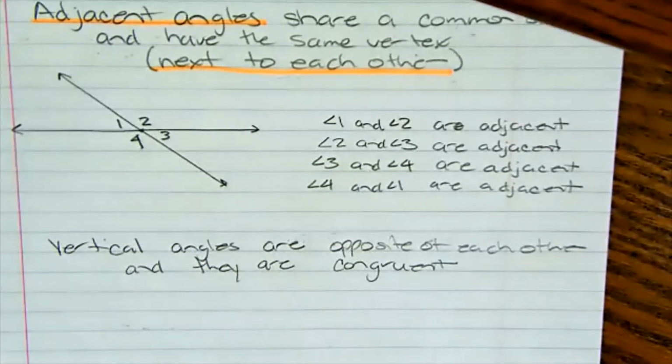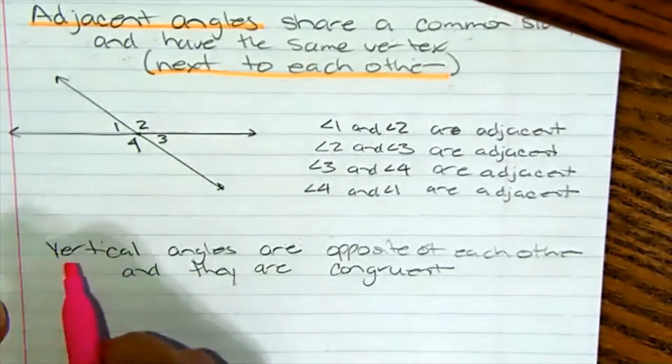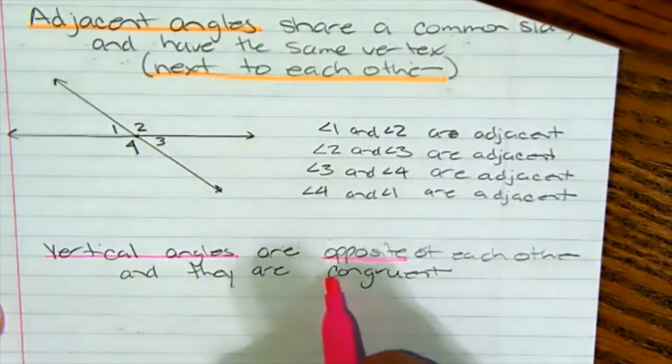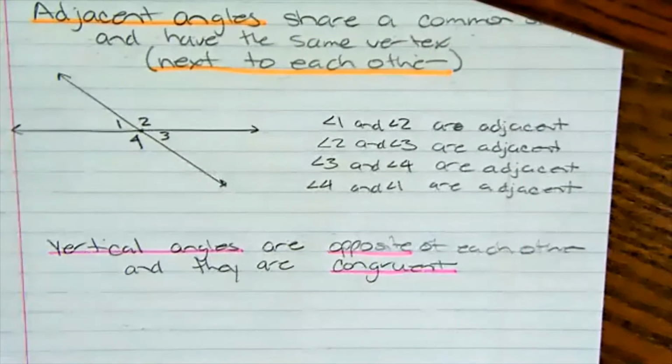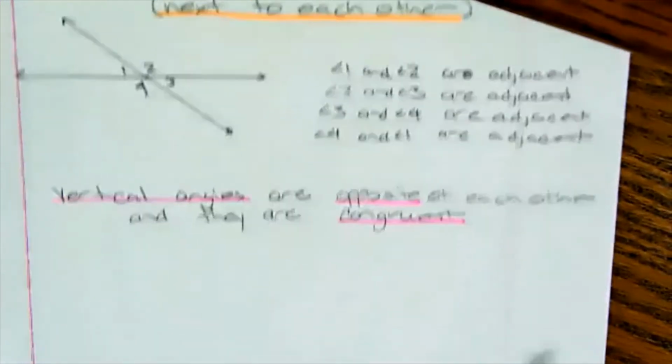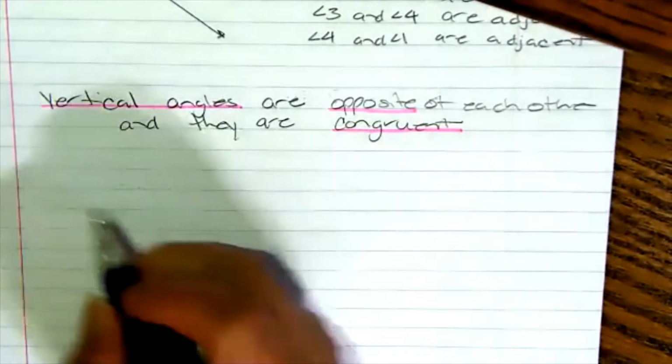So there's 3 important things we need to remember here. Vertical angles are opposite and congruent. We need to remember those 3 things. What does that mean?